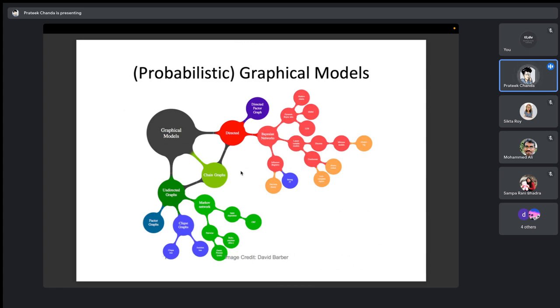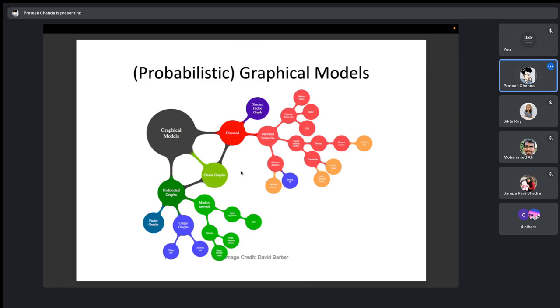And the reason there is a connection between undirected and chain is because a chain graph is actually a special case of an undirected graph. It's also a special case of a directed graph. What do I mean by chain graph? A chain graph is basically where you have nodes lying in a chain and you just have edges connected between them.